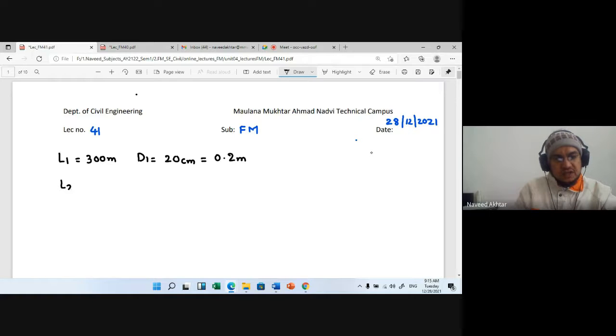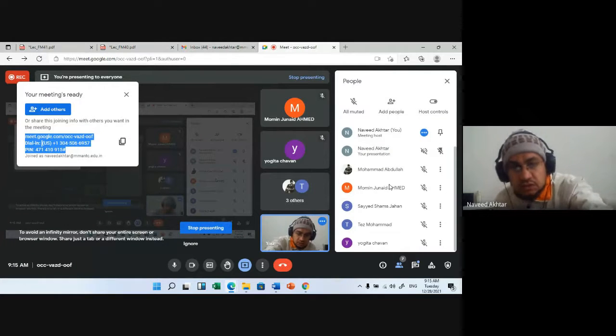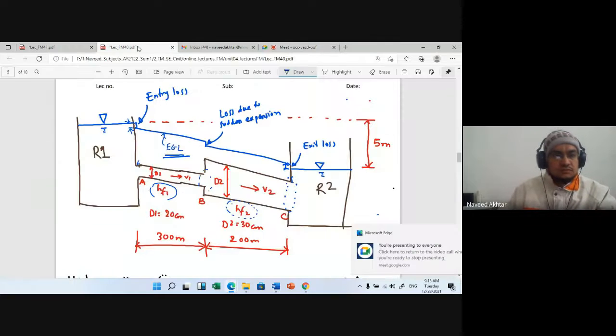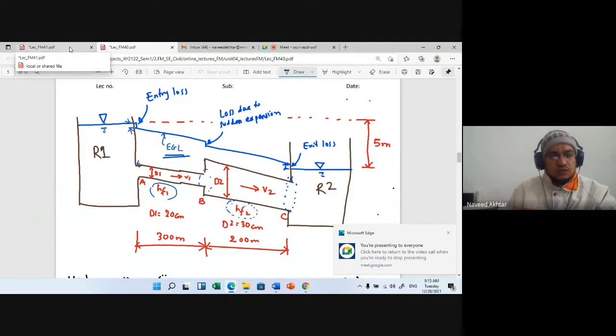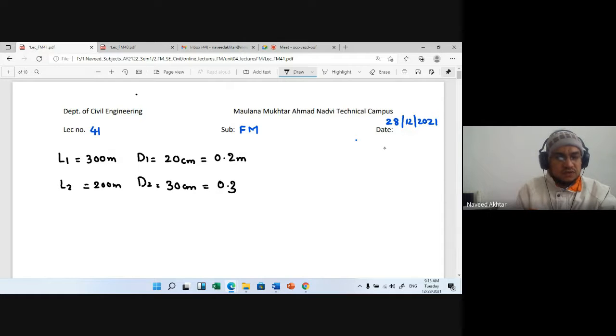L2, length of pipe 2, is given 200 meter, and D2, diameter of pipe 2, is given 30 centimeter. If you write in meter, that is 0.3 meter.